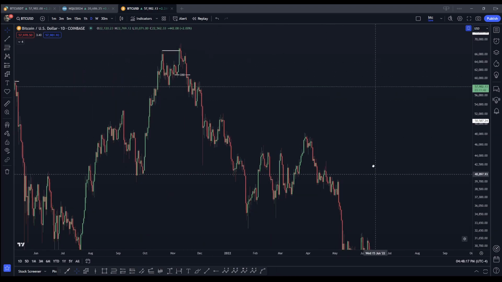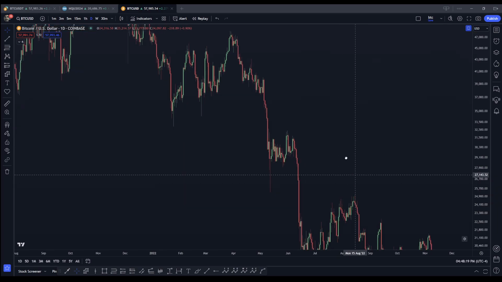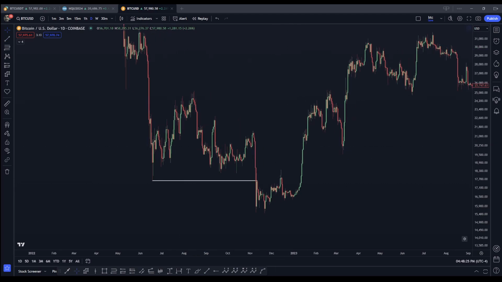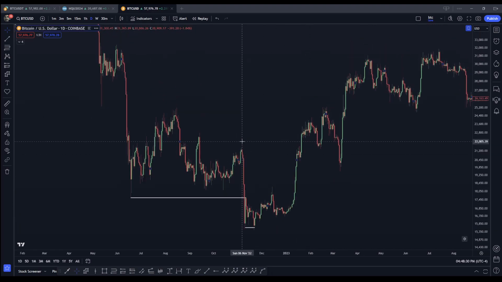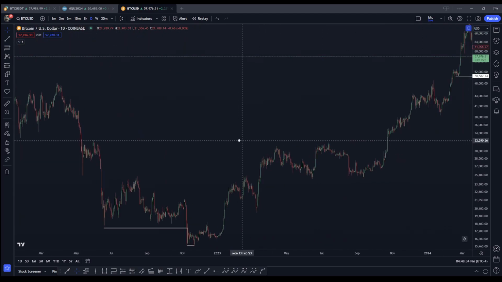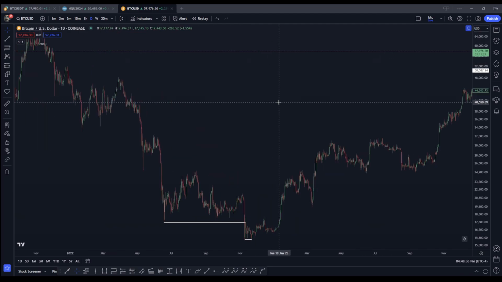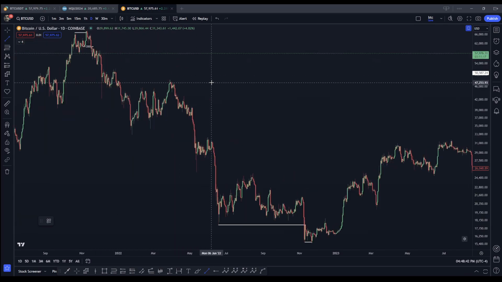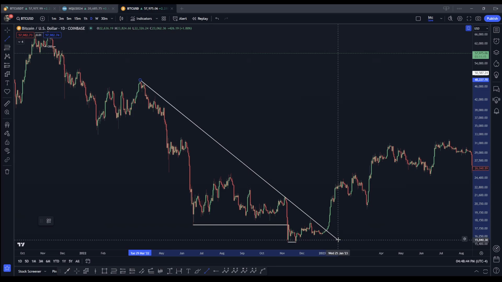So for right now, that's what I'm looking for, and maybe we can compare this leg too. So you got a sweep here, and then a manipulation leg, and I would even say this is a low resistance liquidity run, because basically it's just a trend line.